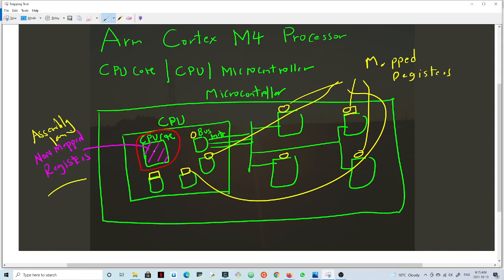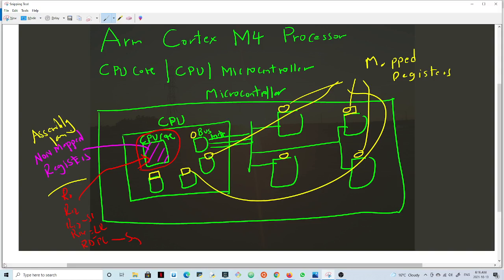The CPU core has non-mapped registers, and this will deal with registers from R0 to R12, then R13, which is the stack pointer, then R14, which is the link register, and R15, which is the program counter. Then you have the special registers. These are within the CPU core. All right.